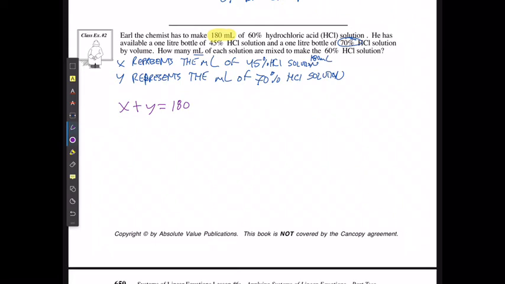The second equation isn't going to be a value one, but it's going to be how much actual acid there is in each of them.